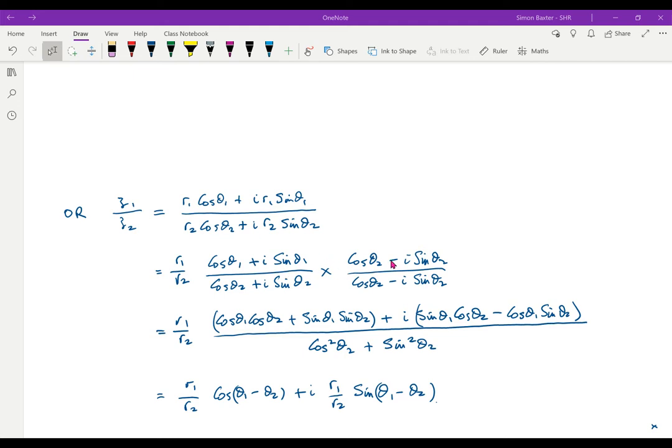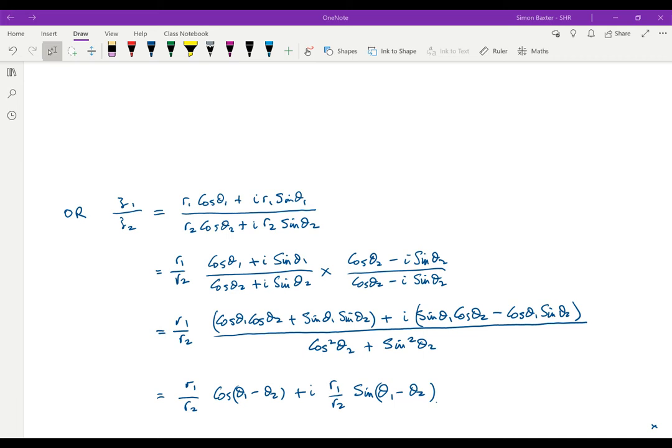Cos cos, minus i squared sine sine, cos sine minus cos sine, both times i. Cos cos minus i squared sine sine. They're all the same angle there. So you just have 1 on the bottom, and now you have r1 over r2 cos of theta 1 minus theta 2, and so on.